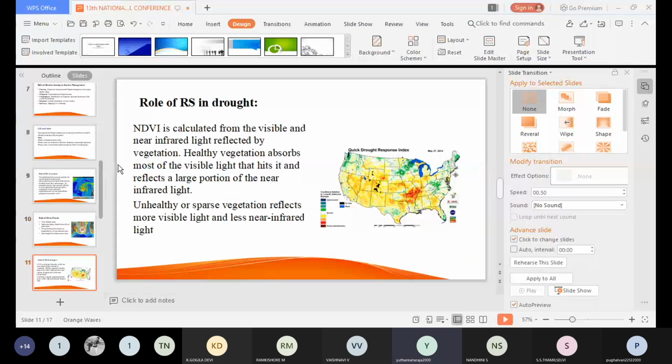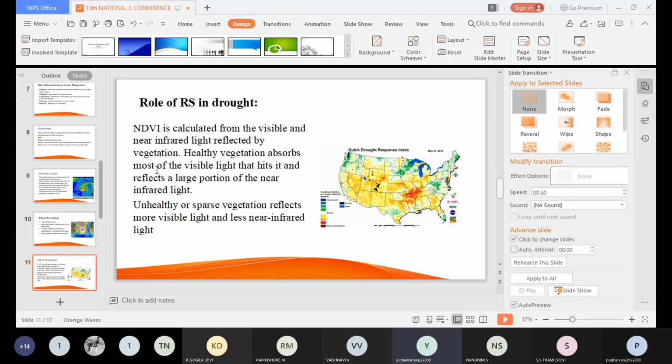Likewise, the drought is also the same. In this drought, we are sensing and collecting the data from the earth, which is covered by sensing the color of the leaves on the earth.